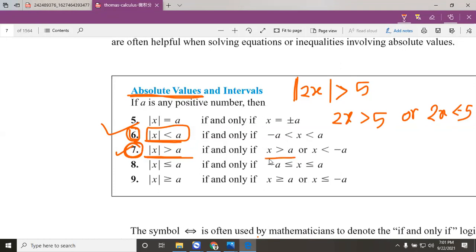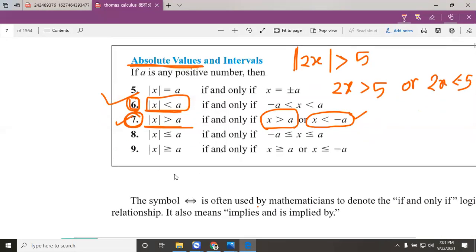This way, x will be greater than a or x will be less than -a. Okay, got it? Got it.